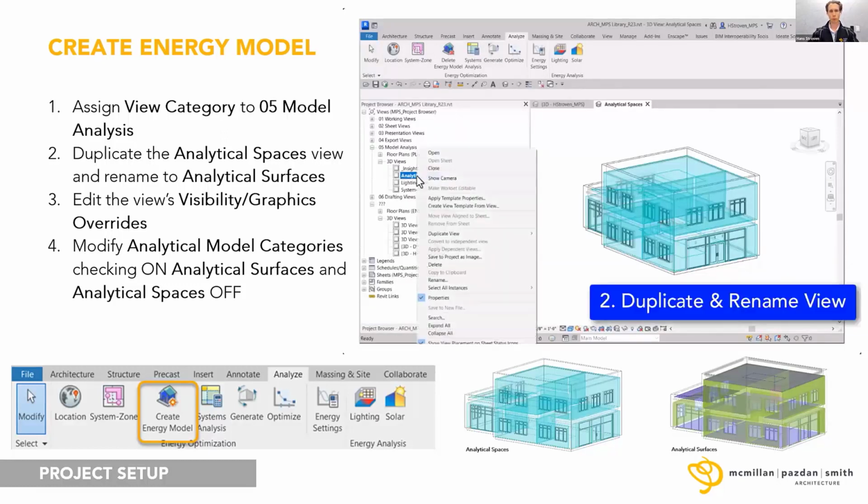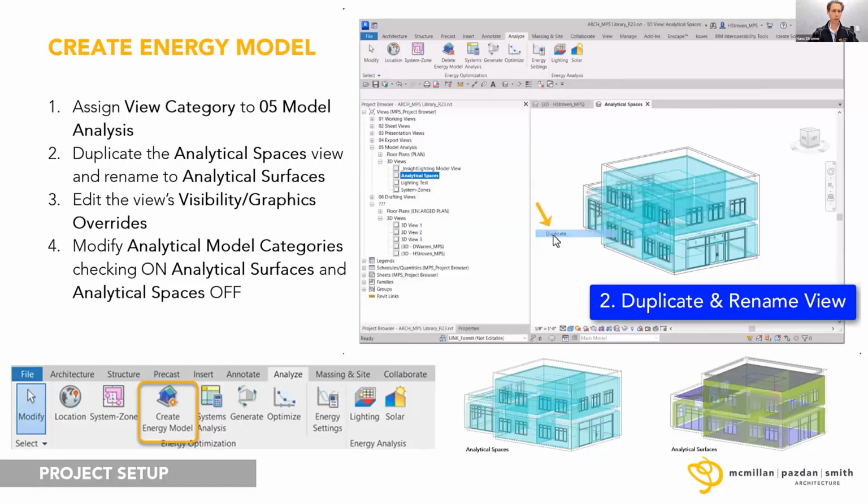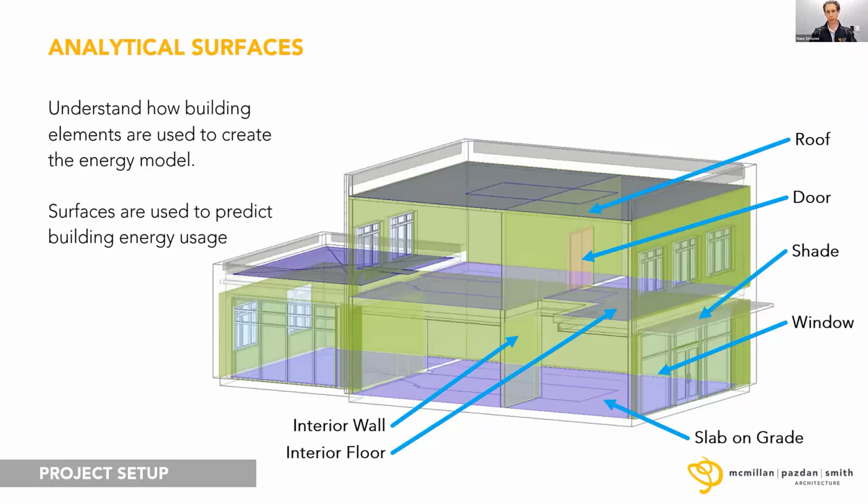So once we've gone through and set up those basic items, looking at this spreadsheet here, it will divide your building up into the roof, doors, shading devices, windows, the different floor types, whether that be a slab on grade or interior floors, interior walls, exterior walls.